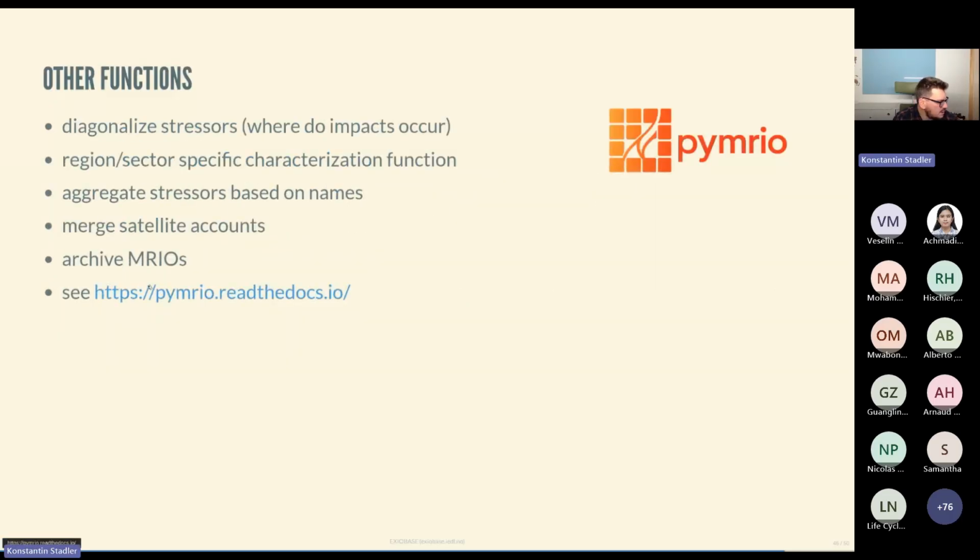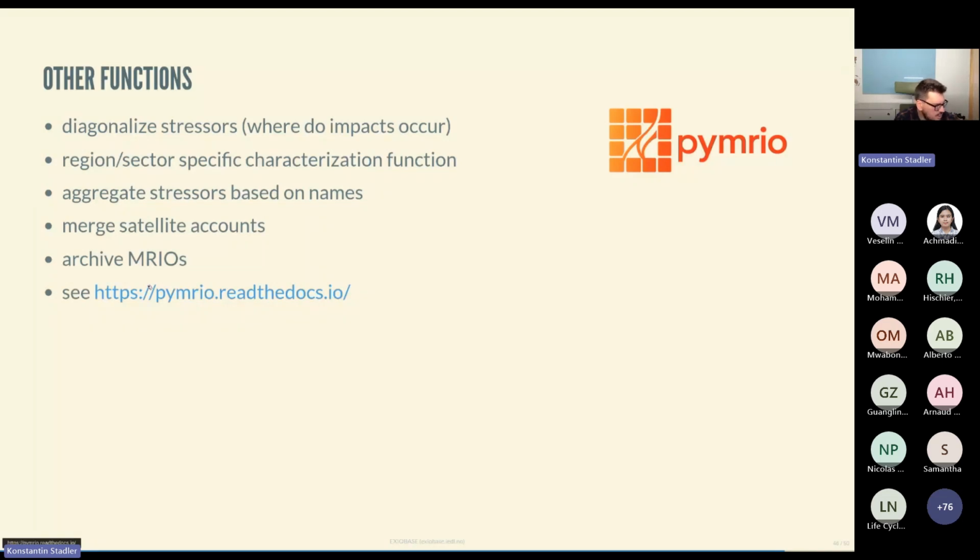There are, of course, many other functions for diagonalizing stressors and impacts, which allows you to analyze where a specific impact due to consumption occurs. We have a characterization function now, which allows you to have regional or sector-specific characterization factors.